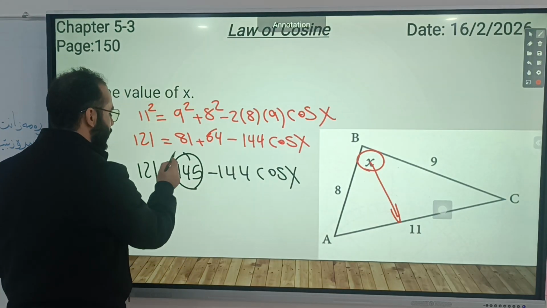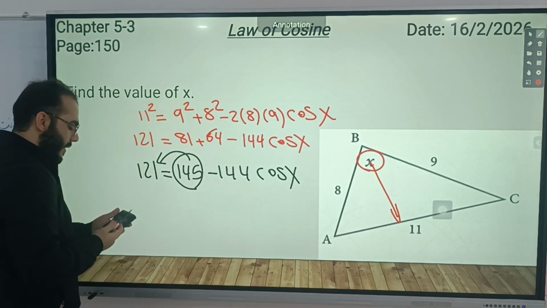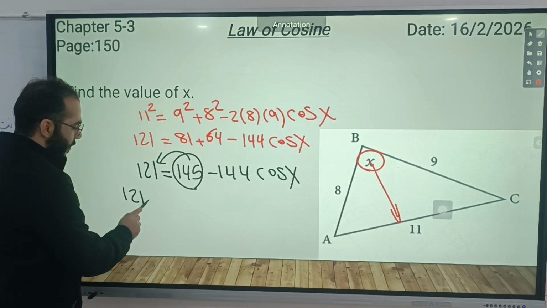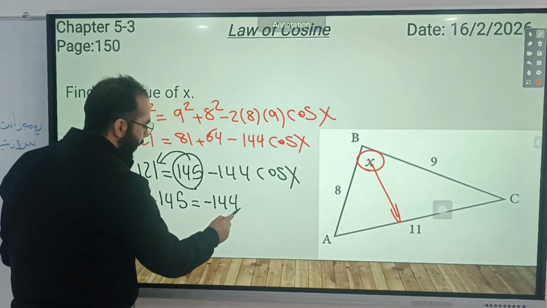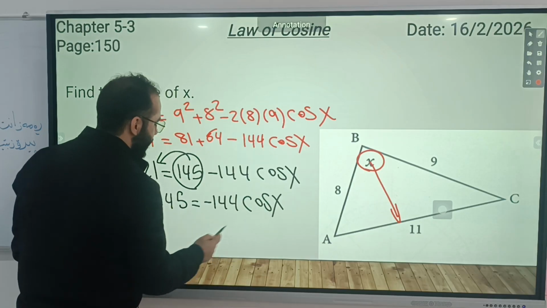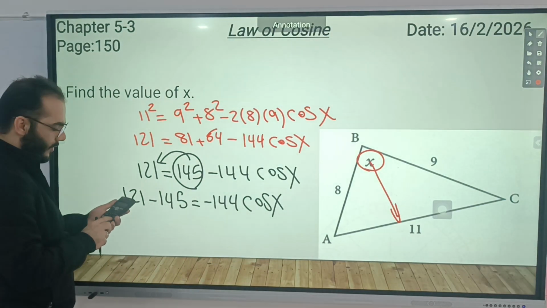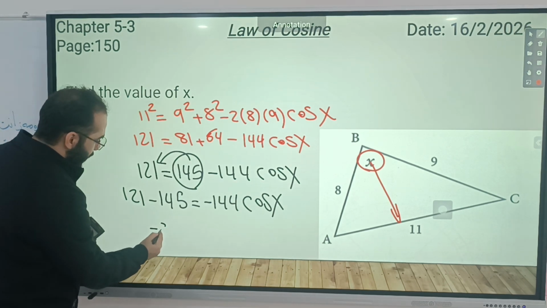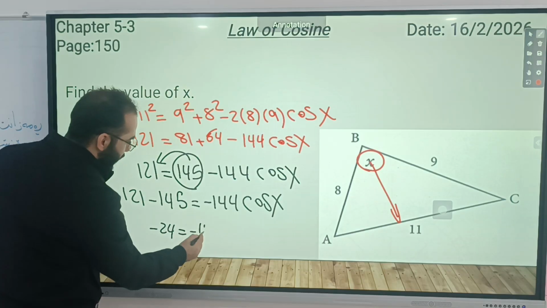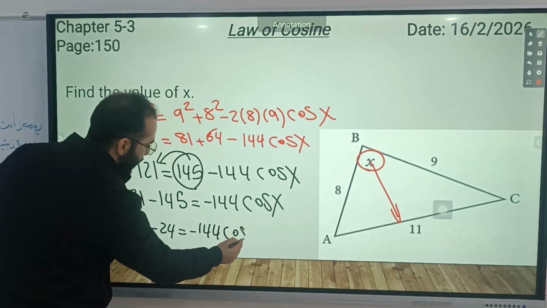So move this 145 to the number side. We are going to say that 121 minus 145 equals negative 144 cosine x. So 121 minus 145 equals negative 24, which equals negative 144 cosine x.